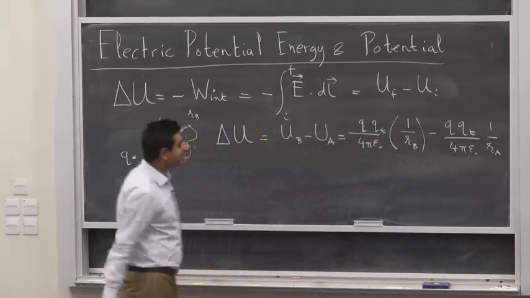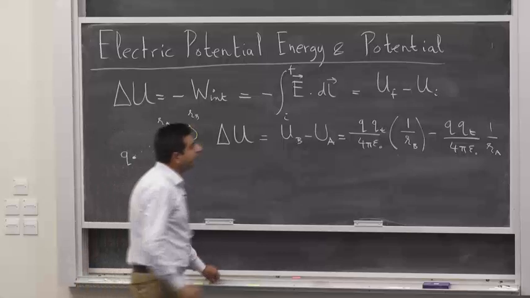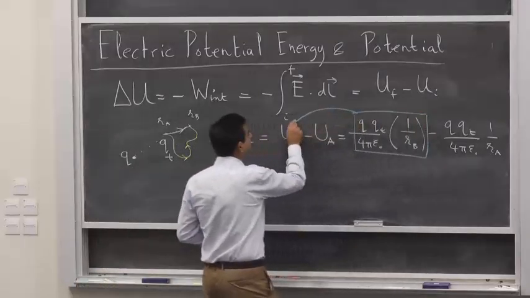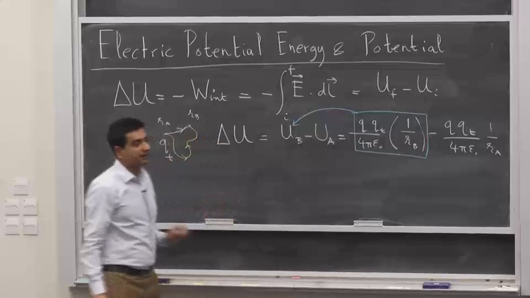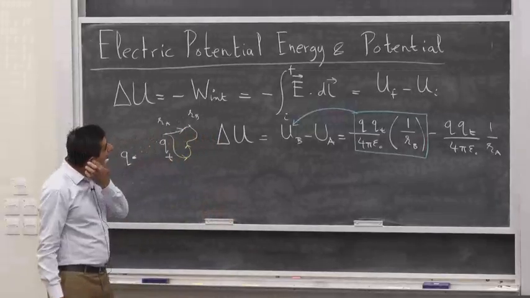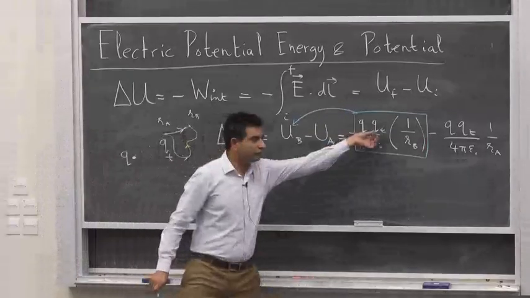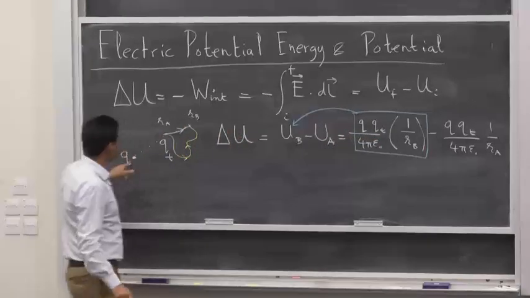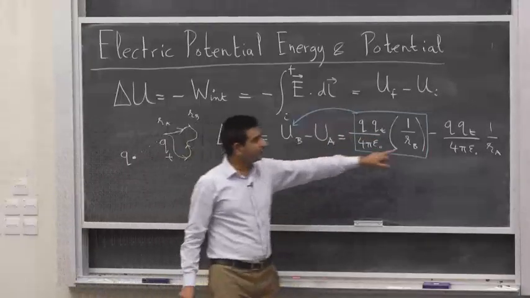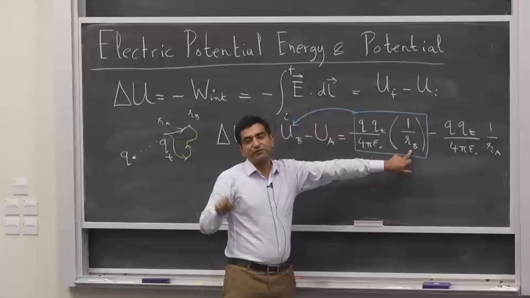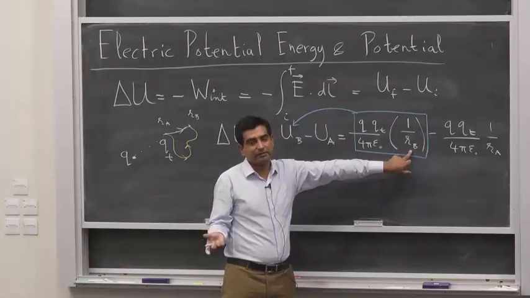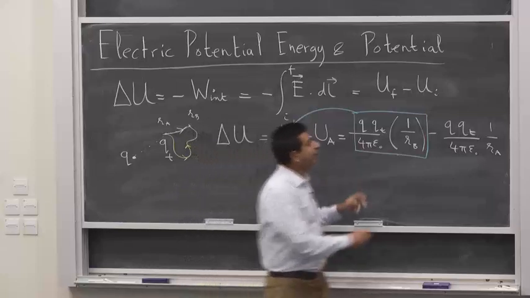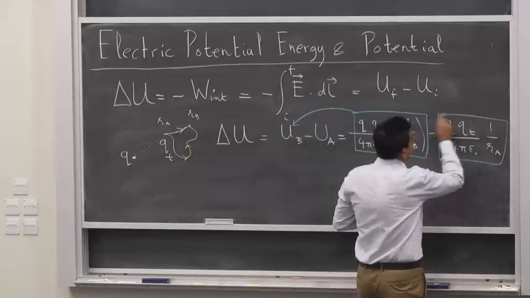So this term is simply equal to UB, the potential energy of a test charge Qt that is inside the field of another charge Q, where the distance between that pair of charges is RB. Likewise this is the potential energy at point A.